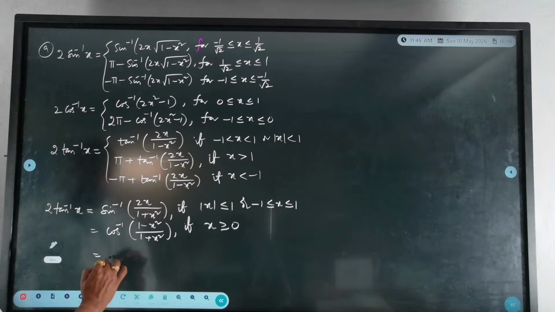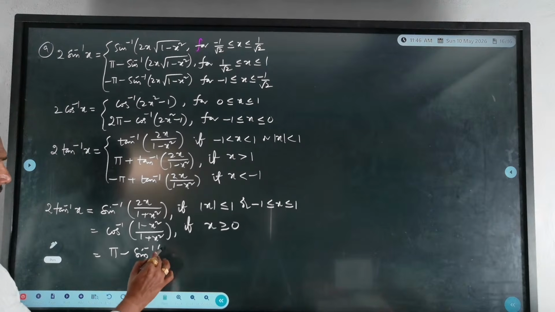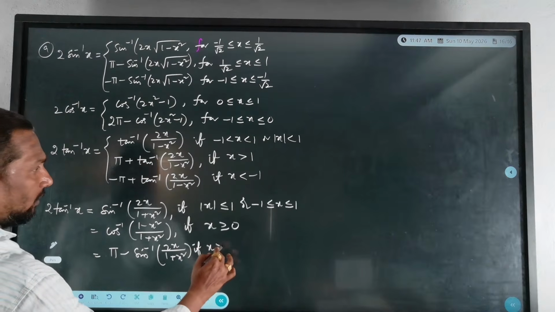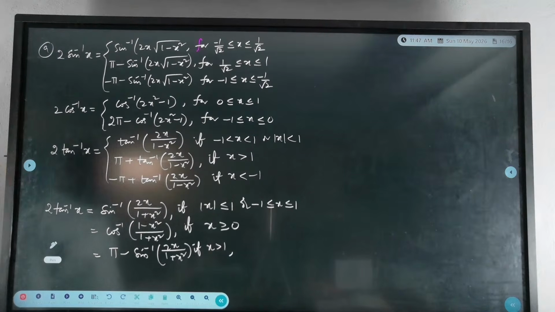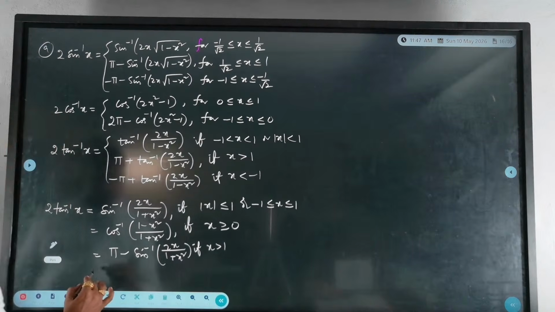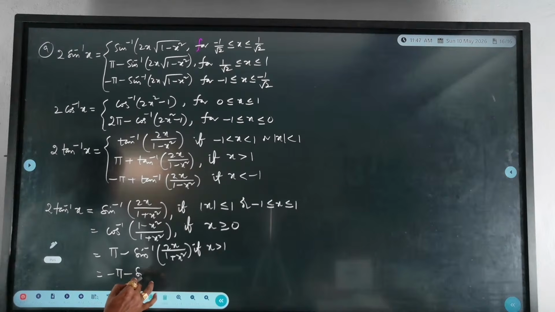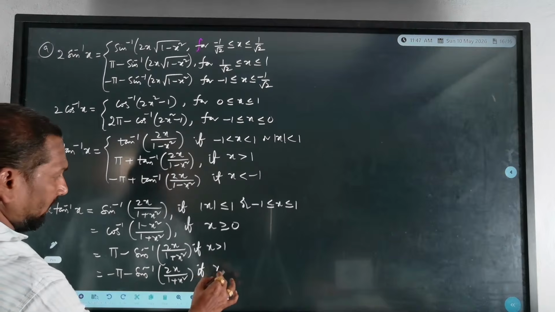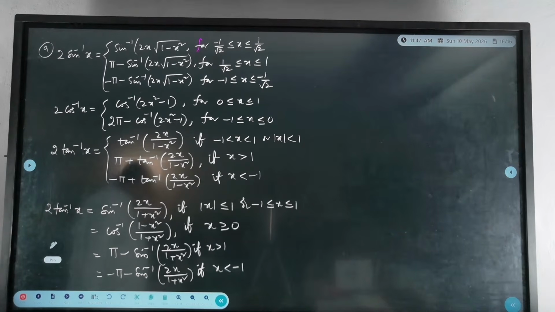Pi minus sin inverse 2x by 1 plus x square if x greater than 1. Minus pi minus sin inverse 2x by 1 plus x square if x less than minus 1.